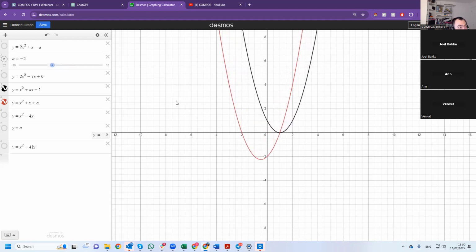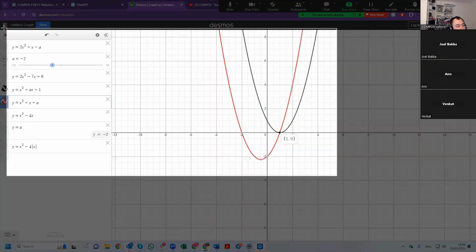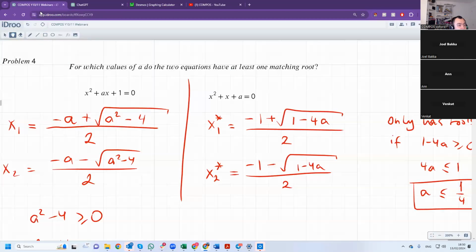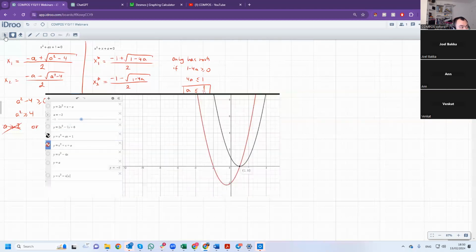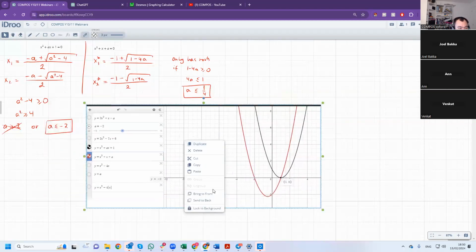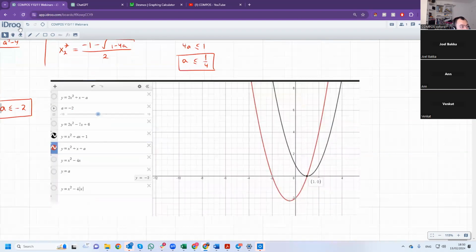Bam, got it, found it. When a is minus 2, look at that. They have a matching root if a is minus 2.